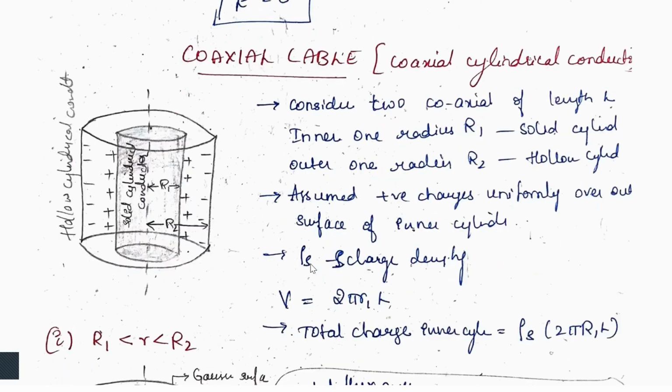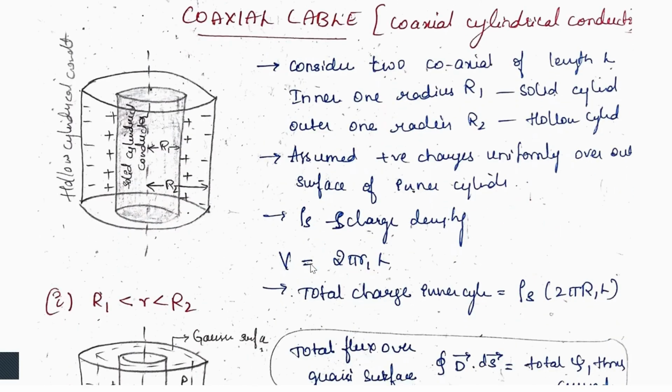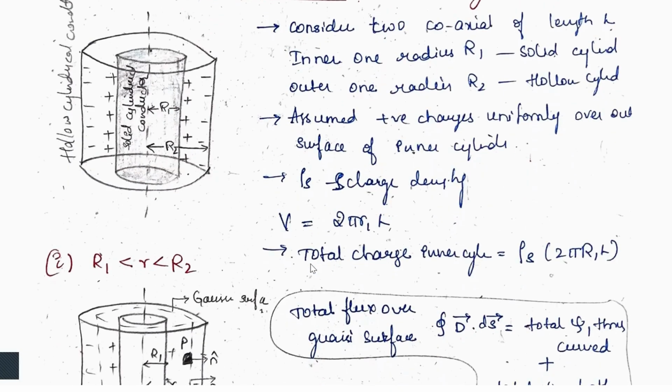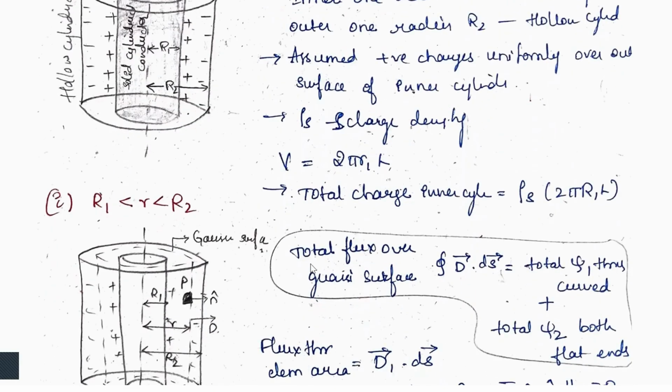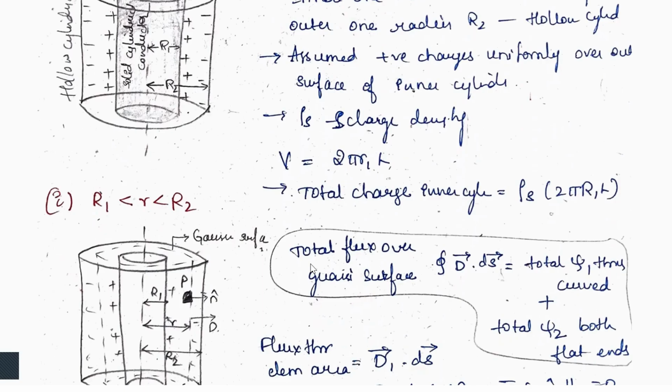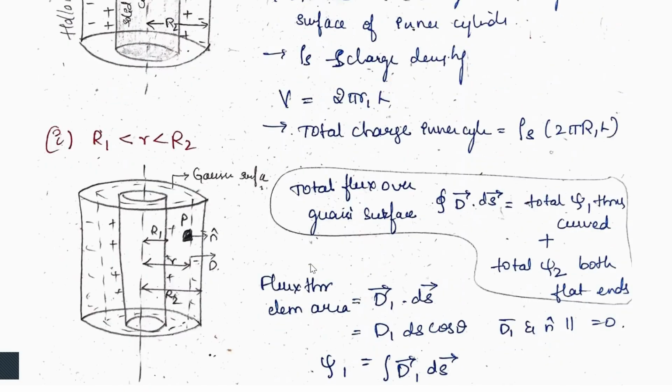What will be the charge density? Rho s. Then the area is 2 pi R1 L. Total charge inside the cylinder is rho s 2 pi R1 L. Now, if we consider R1 is very much less than R2, then what will be the total flux over the Gaussian surface?